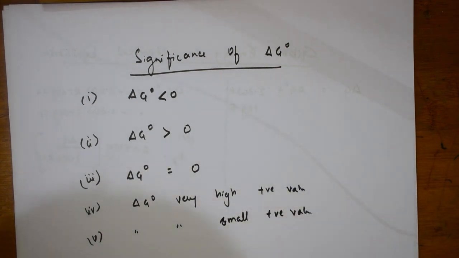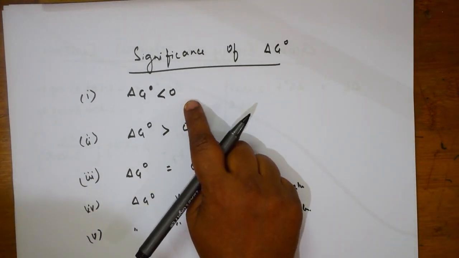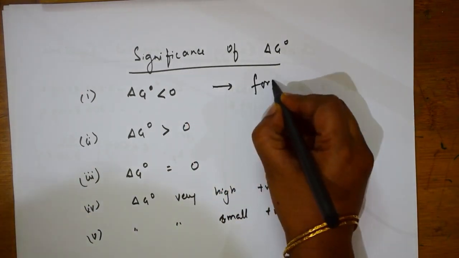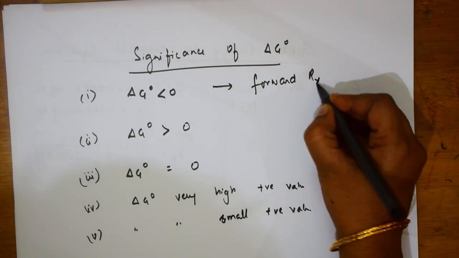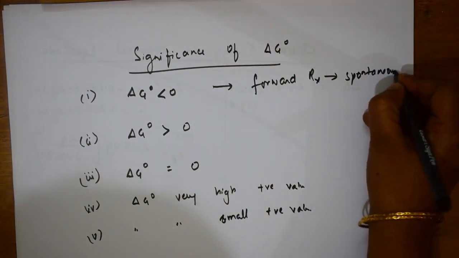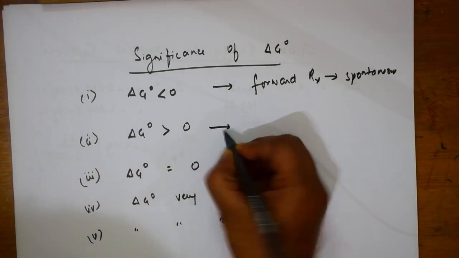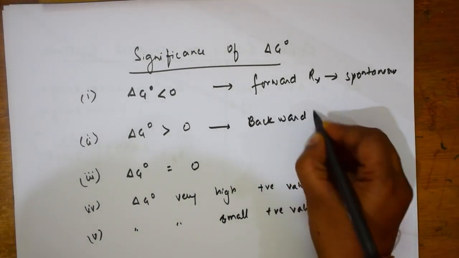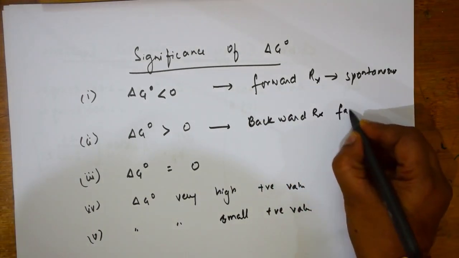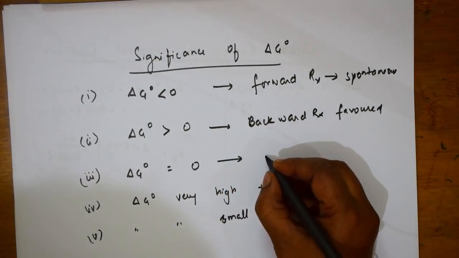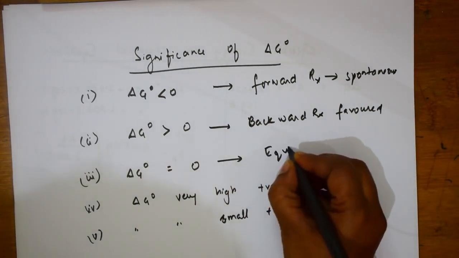Now if delta G naught is less than 0, that means the reaction will be a forward reaction and it is spontaneous. If it is greater than 0, backward reaction is favored. If it is equal to 0 after solving, it represents an equilibrium state.